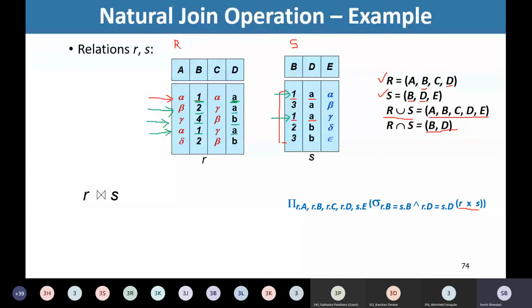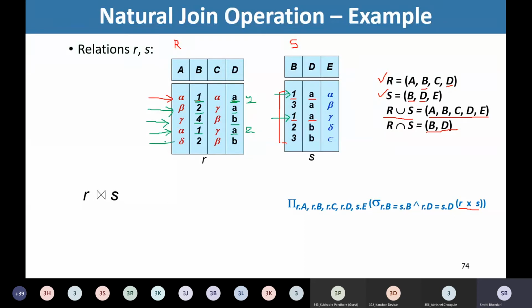BD 1A. So for 1A, we are having two matching tuples, 1A for BD, correct? So we need to have two tuples now, alpha 1, gamma A, alpha, and alpha 1, gamma A, gamma. Right? Two tuples.